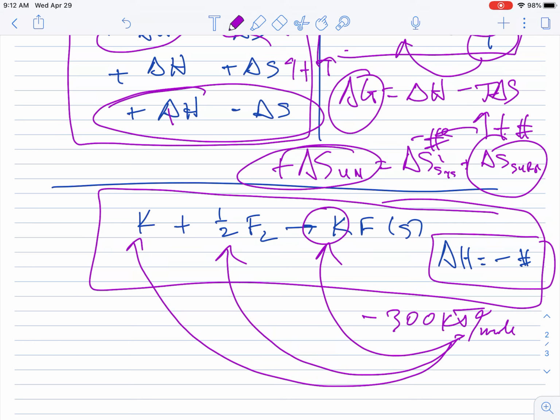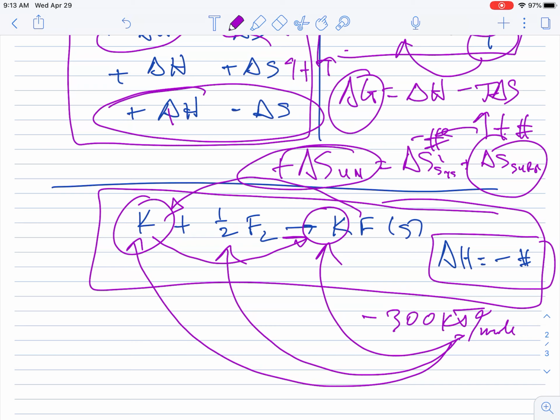When you have problems like this, you have to pay attention to the question. Let's say, for example, it might say, how much energy is released in the formation of 5 grams of potassium fluoride, okay? Or it might say, how much energy is released or absorbed if we want to make potassium? So in other words, if we want to take potassium fluoride and decompose that into potassium, versus how much energy is required to take potassium and turn that into potassium fluoride.